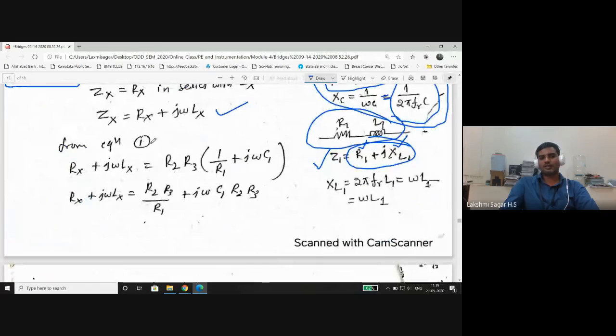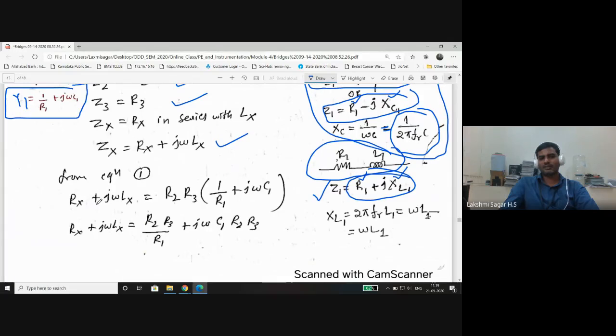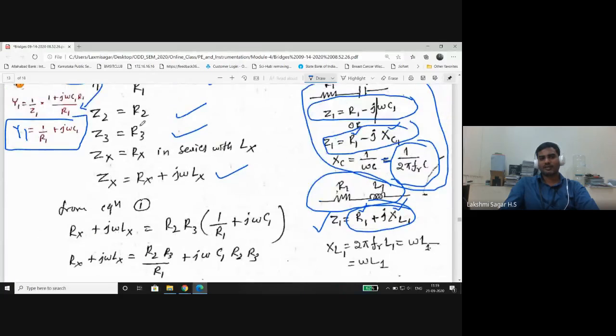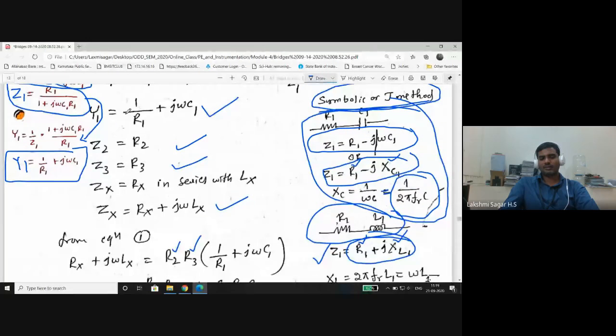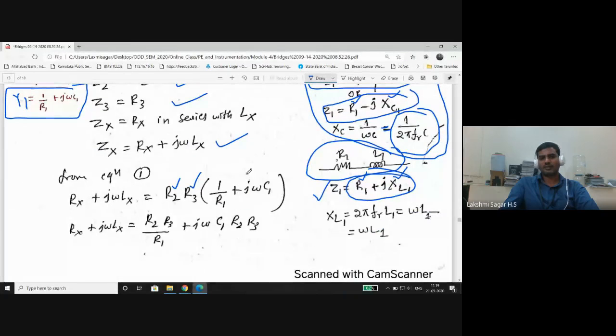If you substitute it in the balance equation from equation 1, Zx becomes Rx plus j omega Lx. Next Z2 is R2. Next Z3 is R3. Next, instead of impedance, admittance. Y1 is nothing but 1 by R1 plus j omega C1.